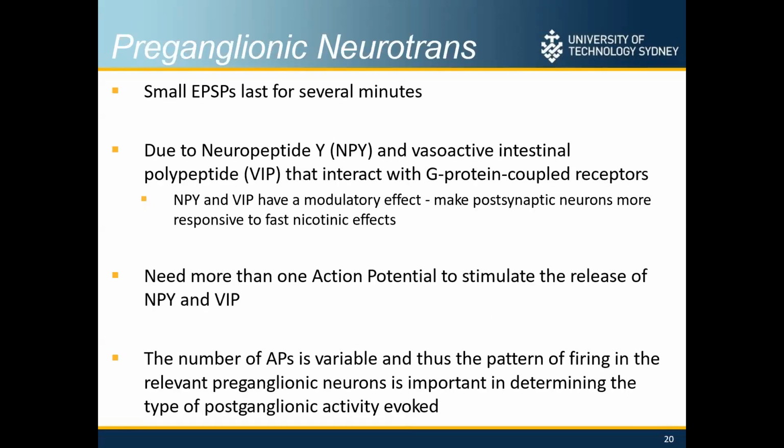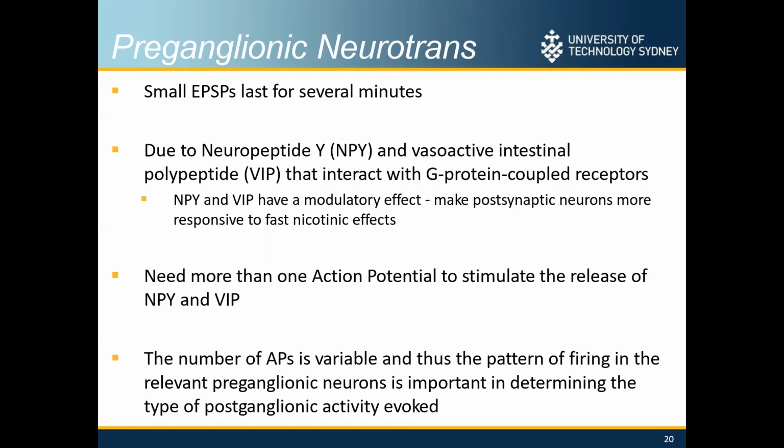In addition to acetylcholine, you also have the presence of neuropeptides, such as neuropeptide Y and also vasoactive intestinal polypeptide. These polypeptides interact with G protein coupled receptors that can trigger small excitatory postsynaptic potentials.